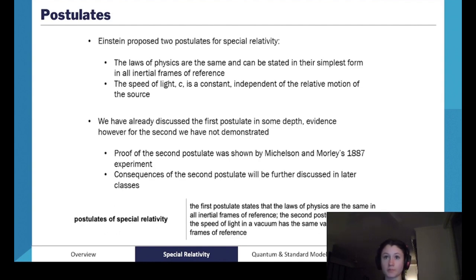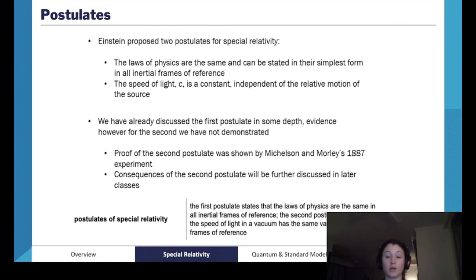What this essentially means is that the laws of physics are the same in all frames of reference that are not accelerating. An inertial frame of reference is one that is not changing speed or direction. In other words, it's not changing velocity.